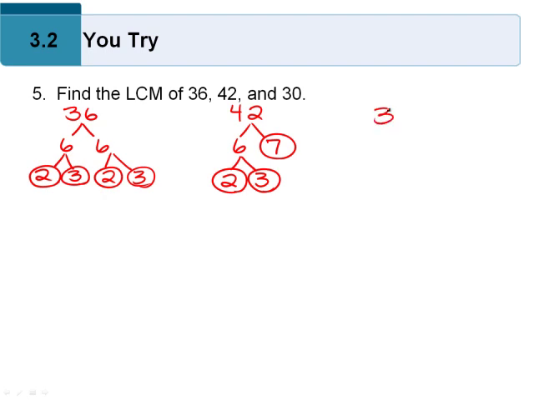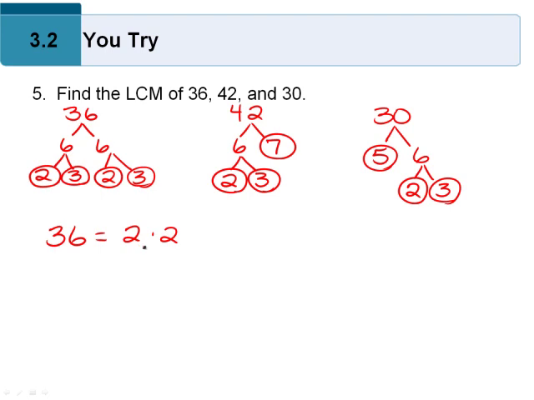And the last one, 30, I'm going to break down into 5 times 6. Or if you use 3 times 10, that's perfect. 2 times 15, any of those work. 5 is prime. 6 would be 2 times 3. So now we want to go back and write them in a line. Make sure with the 36, it's kind of all scrambled up.